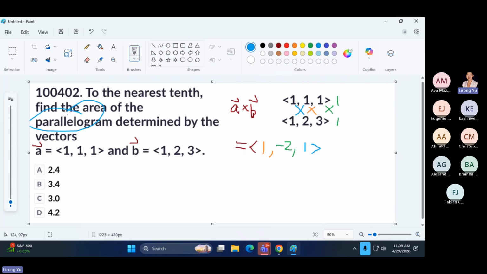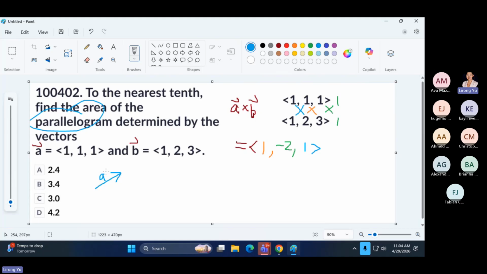The area of the parallelogram is, because we're using these two vectors, the vector is 1, negative 2, 1. So the last thing is to find the magnitude.